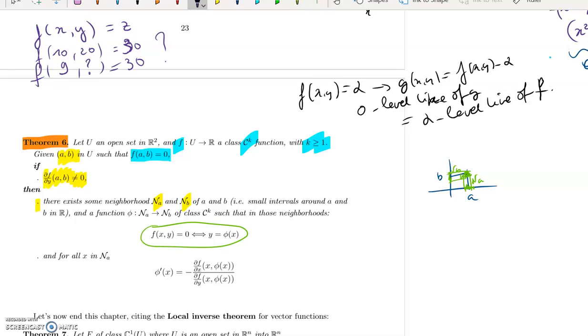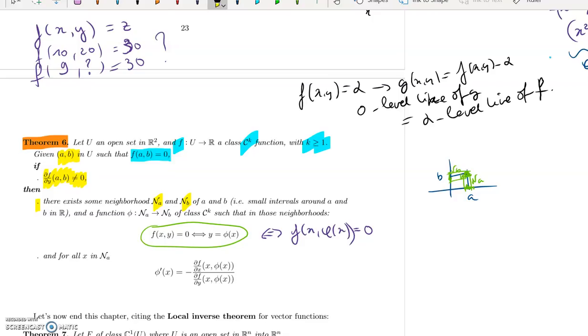Another way of expressing that is to say that f of x, phi of x is on your level line, is equal to 0. And for all x in the neighborhood of a, we have this relation.